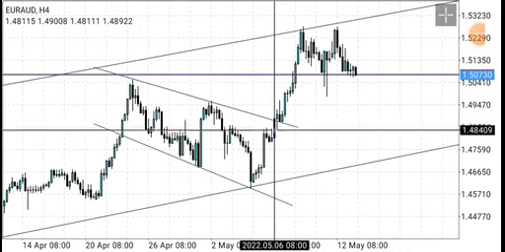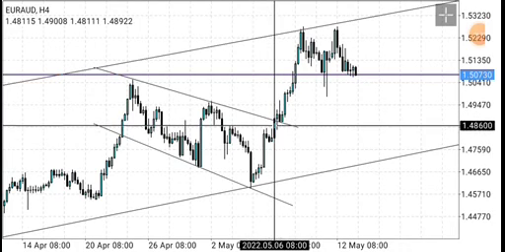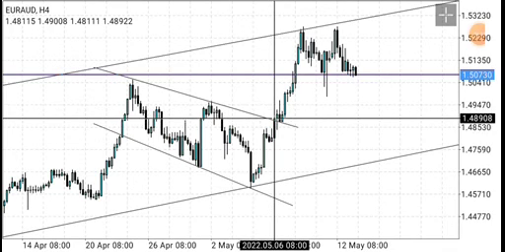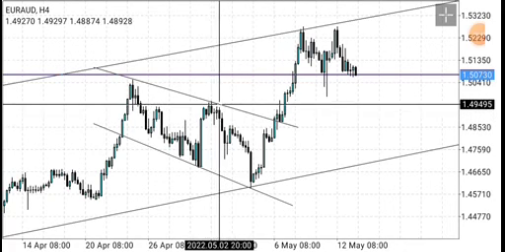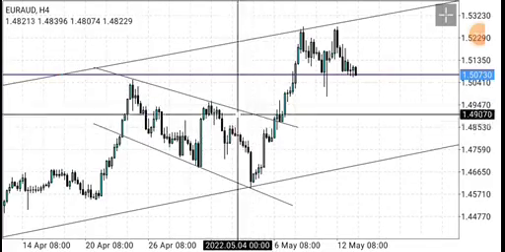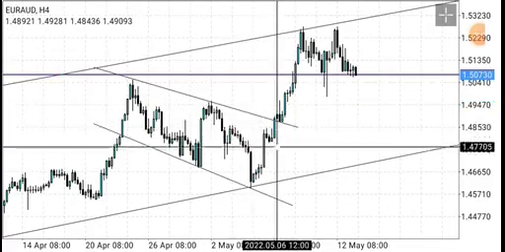This was the candle that broke the trend line, because we see price closing above it, which indicates that our resistance has been broken. The selling pressure coming into the market has been subdued by the buyers.